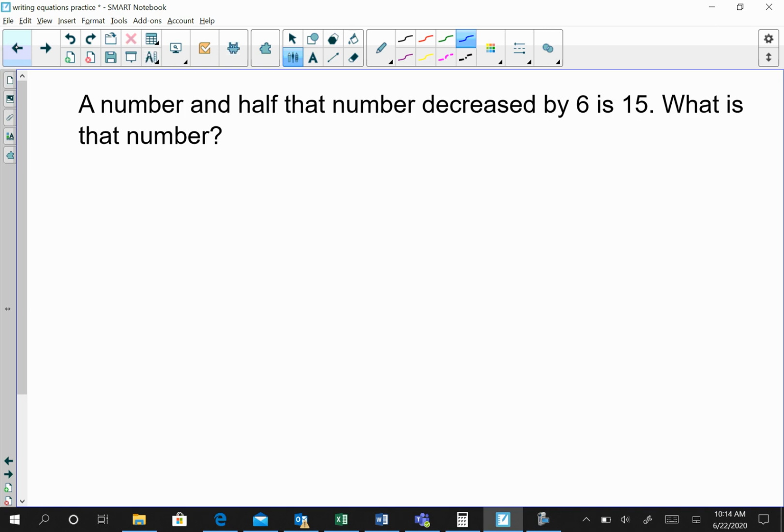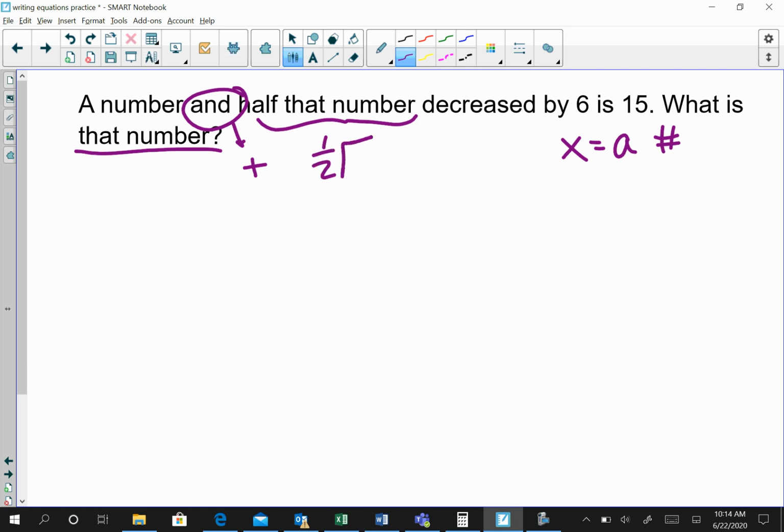A number and half of that number decreased by 6 is 15. What is that number? So again, x is a number. A number and half that number, and means plus. Half that number is 1/2 number. Decreased is subtract.